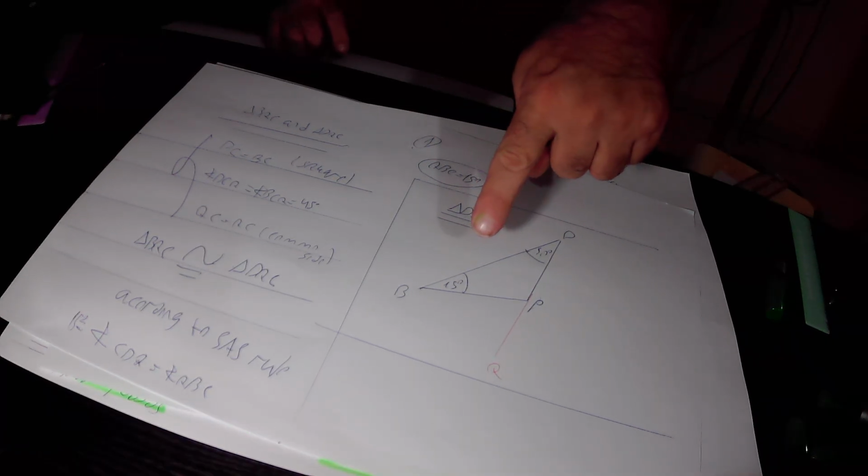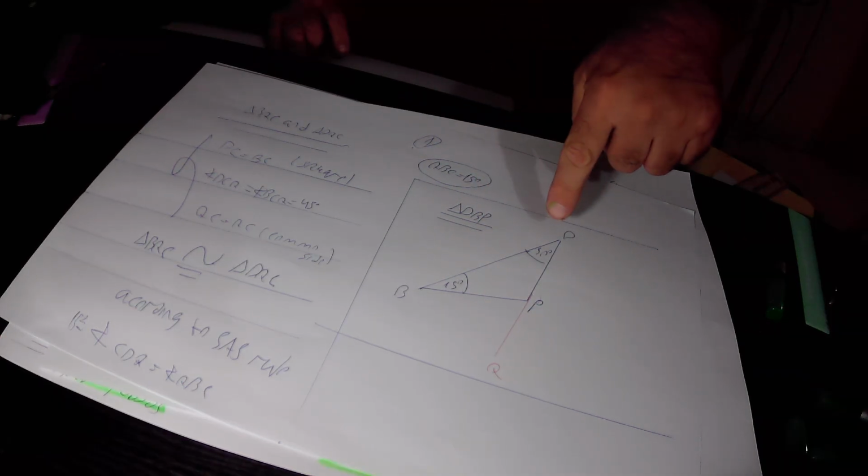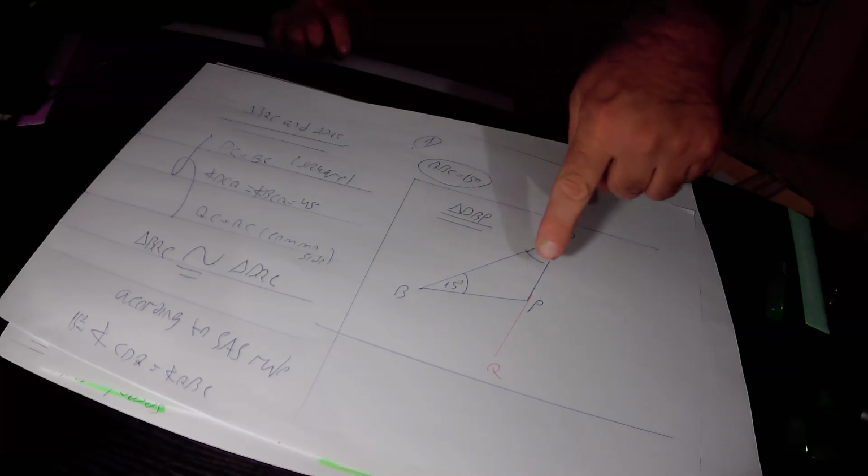This angle DBP equals 15 degrees. All the three angles inside triangle DBP are defined as interior angles. This is angle BPQ that is located outside triangle DBP, and therefore it is defined as an exterior angle.